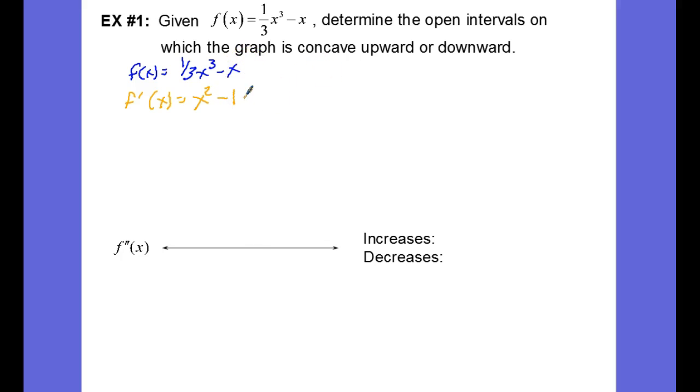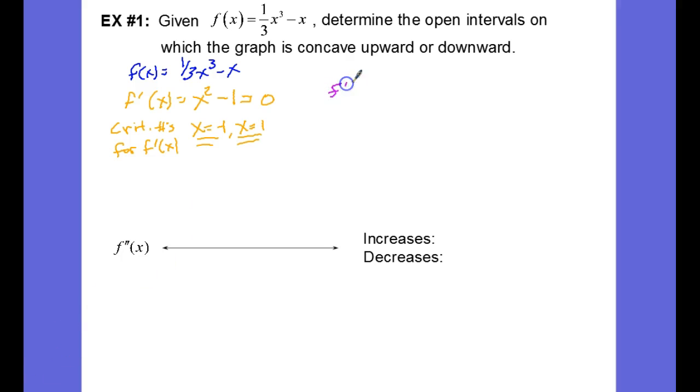And to find the critical values for f prime, we want to set this equal to 0 and solve. And we get x equals -1, x equals 1. And so we have critical values for f prime of x.